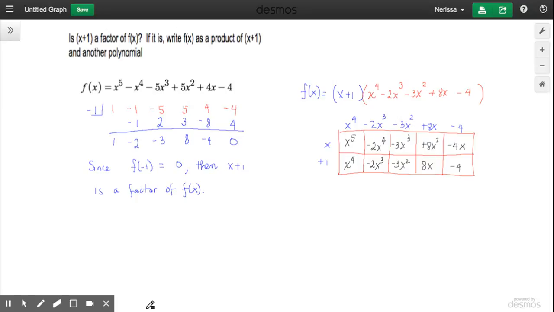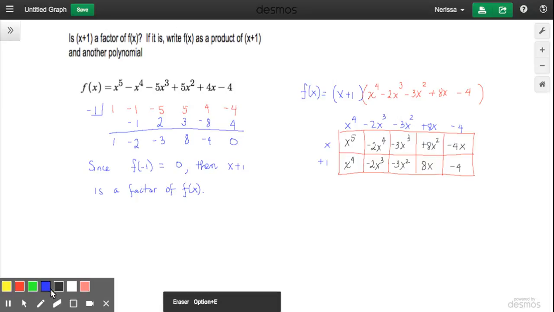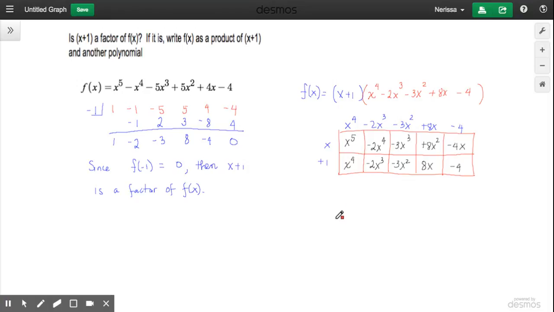So now if we add up the terms, we're going to start with x to the fifth. And then x to the fourth minus 2x to the fourth gives us negative 1x to the fourth, or simply negative x to the fourth. Now, negative 2x cubed and negative 3x cubed, we combine them, we'll get negative 5x cubed.